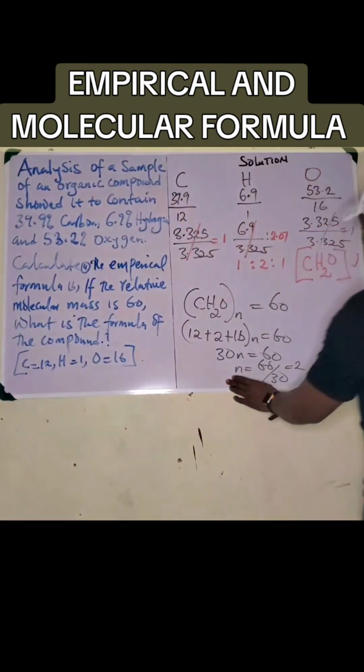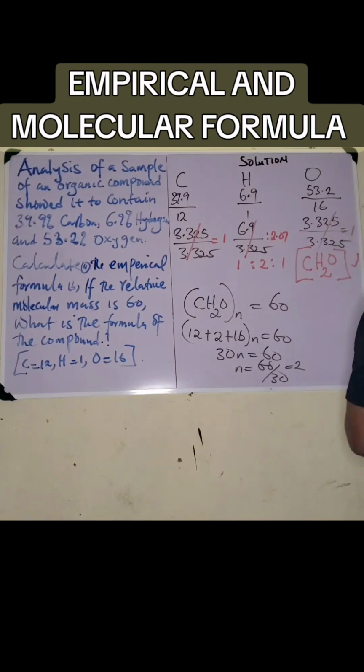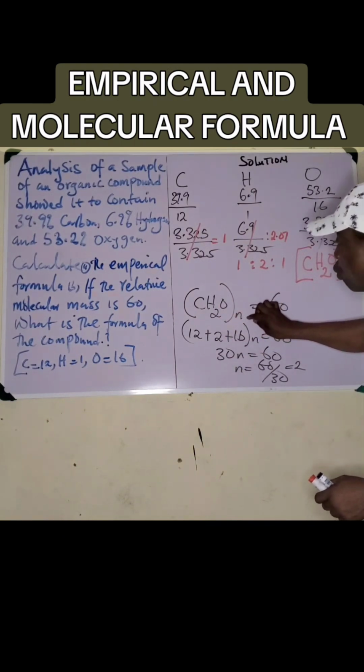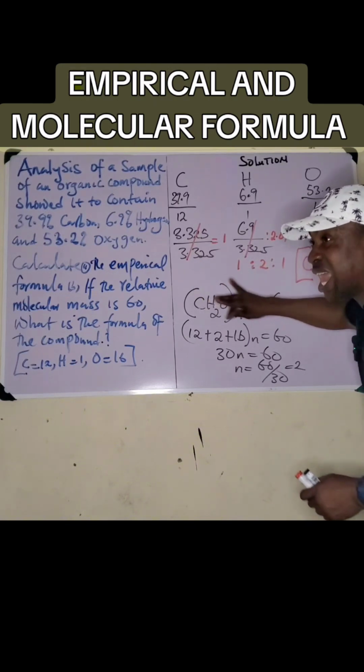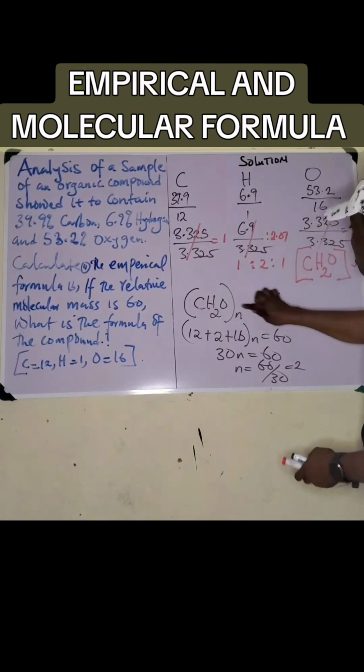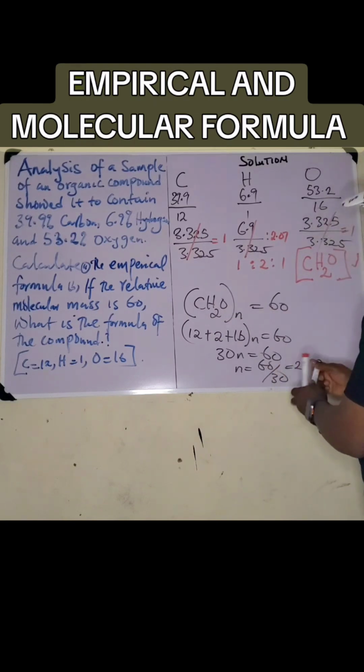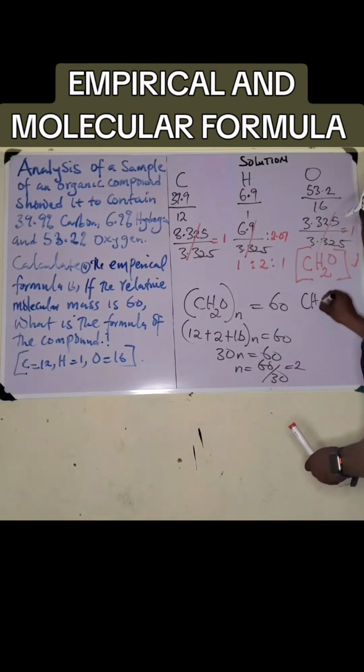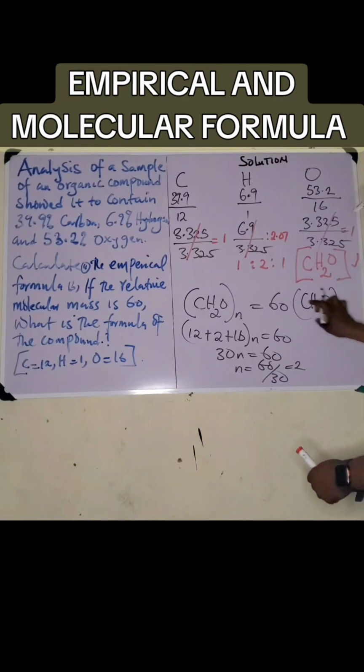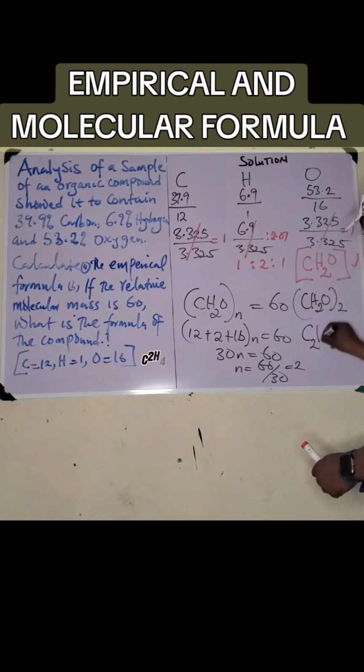So if the value of N is 2, it is now very simple to determine the molecular formula of this compound. We're going to multiply the whole of this, CH2O, by 2 to get the actual molecular formula of the compound. So we have here C2H4O2.